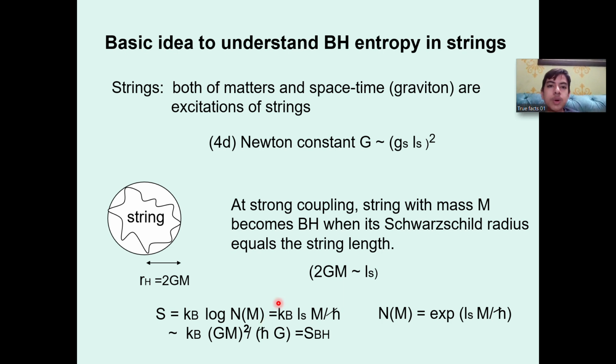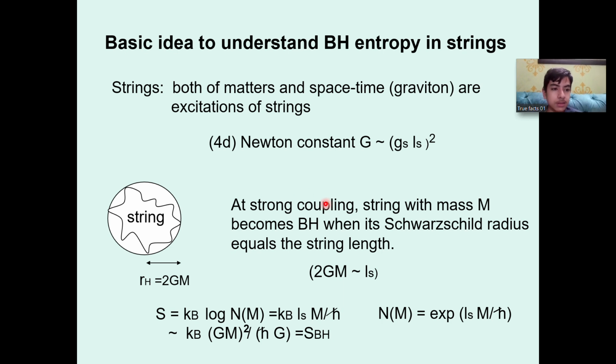The basic idea to understand black hole entropy in string theory is that strings, both matter strings and space-time gravitons, are excitations of strings. So the four-dimensional Newton constant G goes to g_s squared l_s squared.